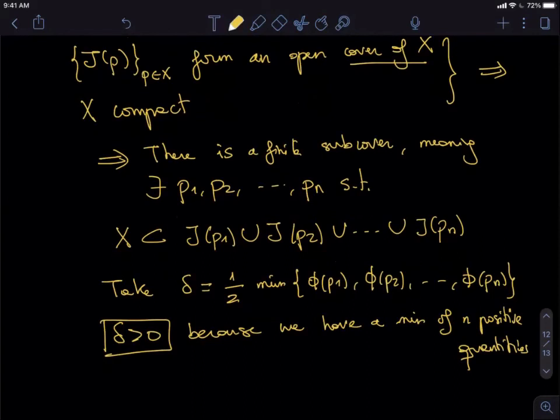But for example, in the example we did of the function x squared on the whole 0 to infinity, we would have a problem because the infimum of an infinite number of positive quantities could be 0. That is exactly what was happening to us.